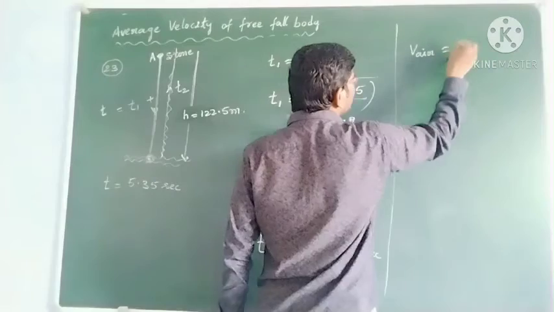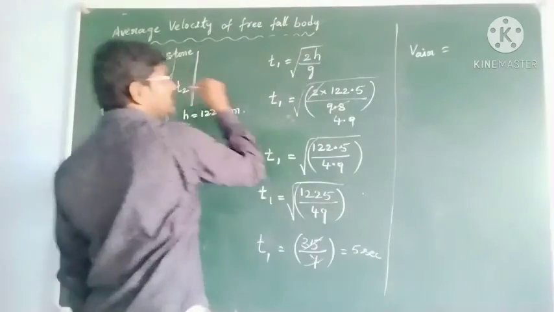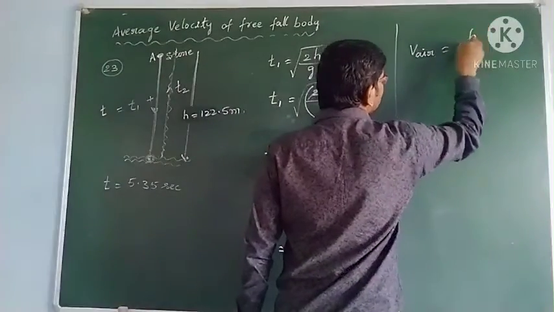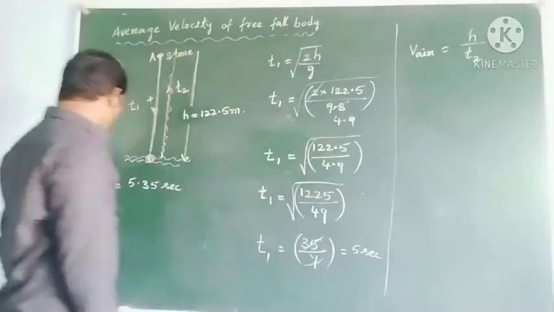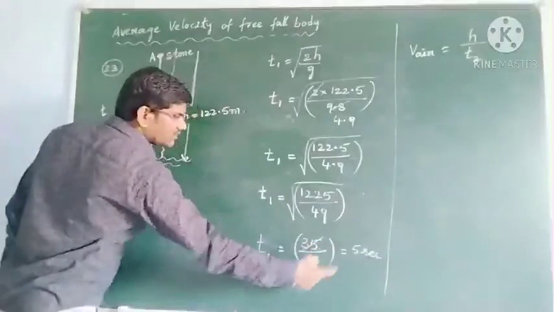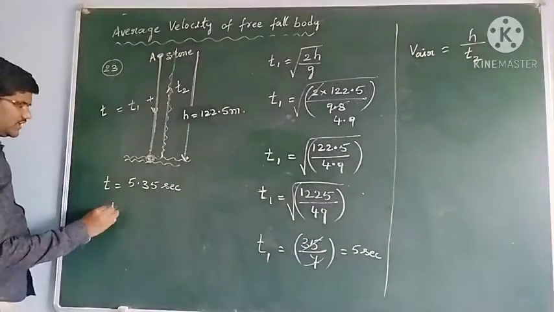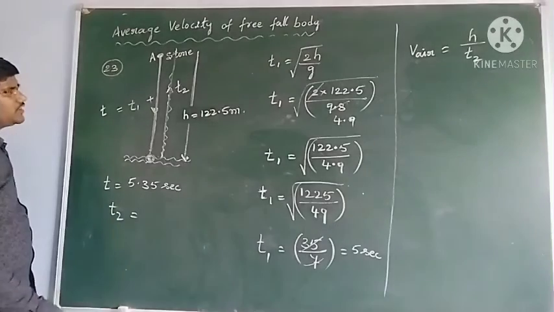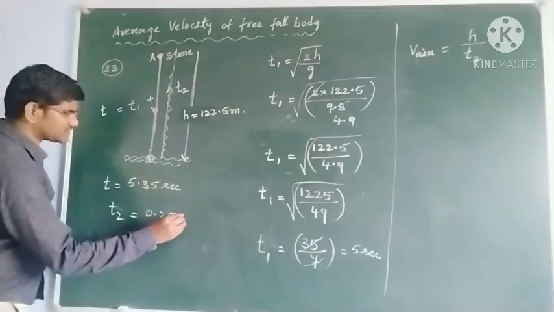Velocity of sound in air is equal to the distance travelled by the sound. The sound travels h height in the time of t2 seconds. Total time they have given us is 5.35. We got t1 as 5 seconds, then t2 we will get as 0.35 seconds.